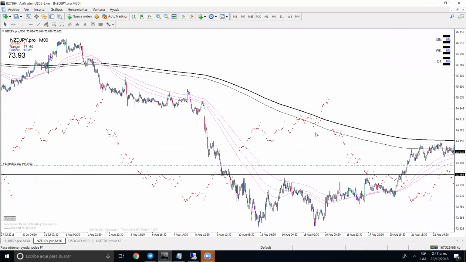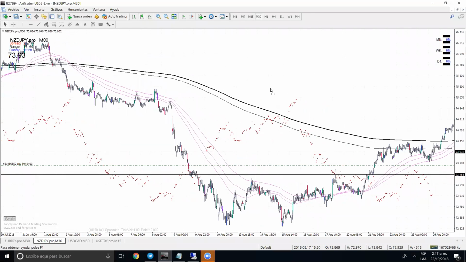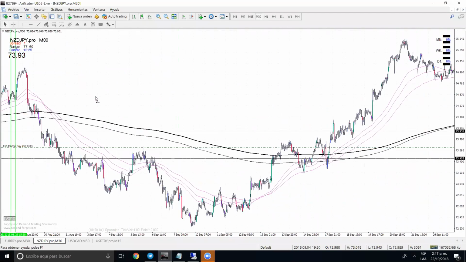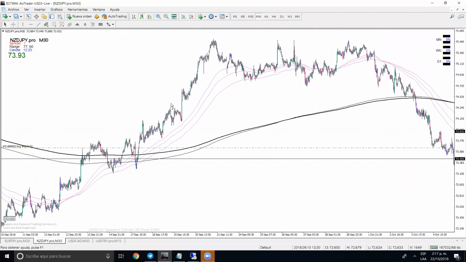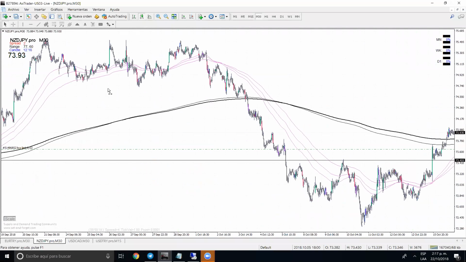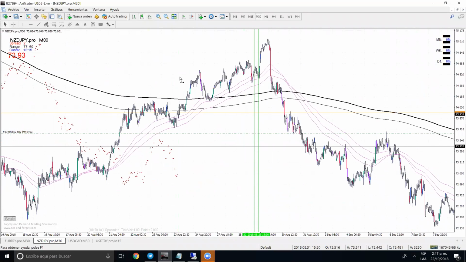Okay. After that, the last is breakout four. Let me search for an example of a breakout four trade. Okay. This is breakout four.